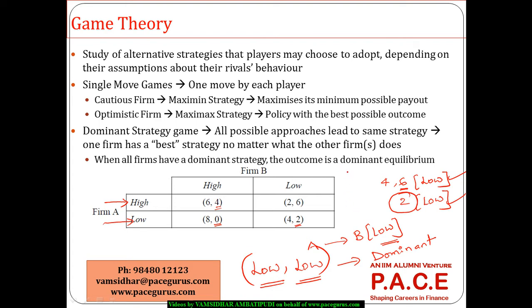Here this is called a Maxi Min. I am trying to look at the minimum of each one of them, and out of all the possible things that are coming, I'm choosing the maximum of those payoffs, and that is the strategy that I'm following. It would be better off if A and B both go with low and low. That's a cautious approach.